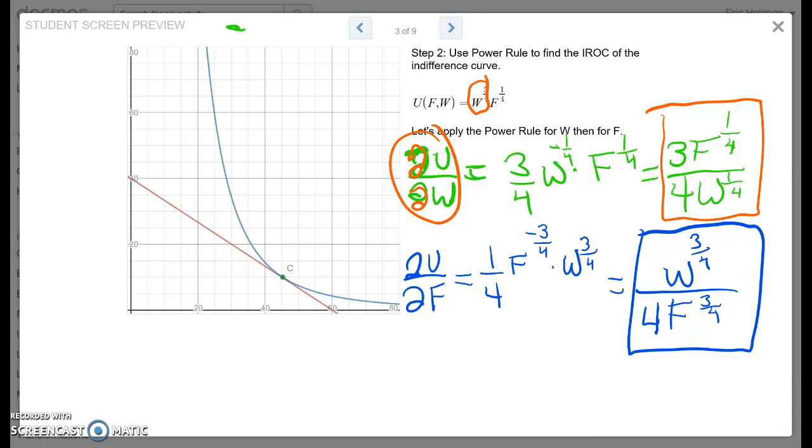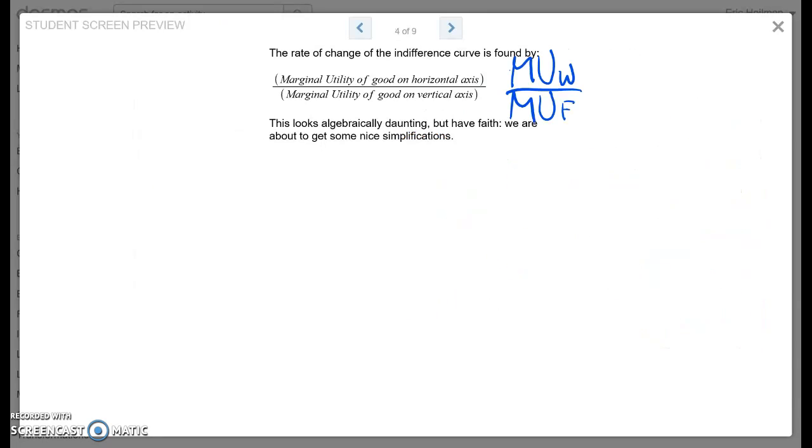Okay. Now, to find the rate of change of the indifference curve, we're actually going to take the ratio of the two marginal utilities. And I think we're going to do that on the next slide. But hang on, I want to write down what the marginal utilities were. Okay, so now we're ready to find the marginal rate of substitution.